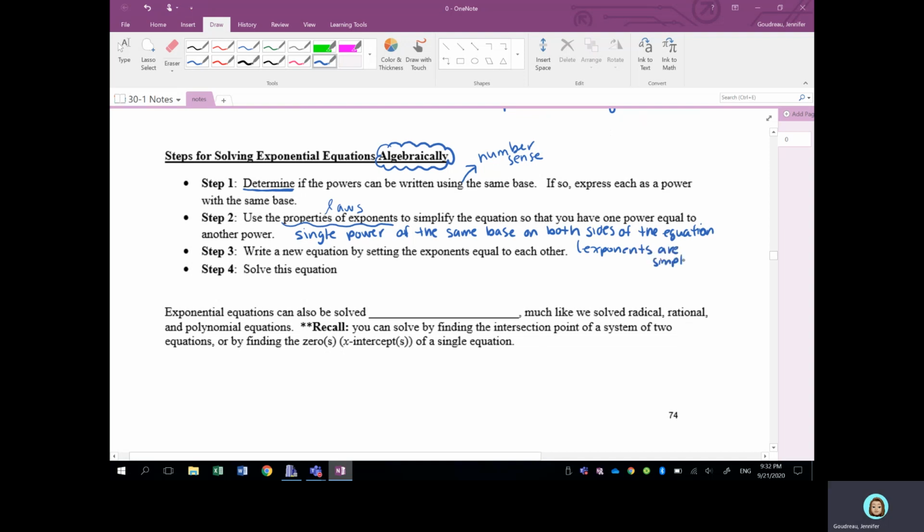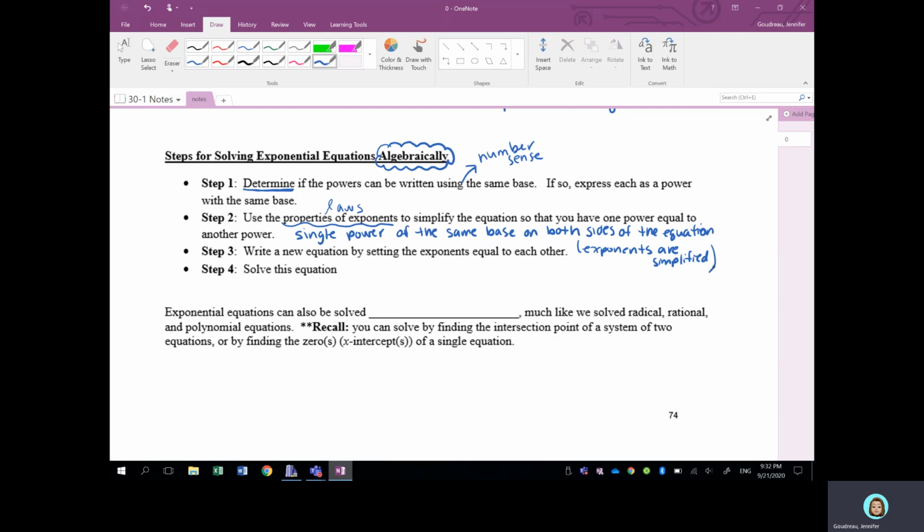In order to obtain a single power of the same base on both sides of the equation with simplified exponents, we are going to have to use our exponent laws. Again, we are not going to review them here, but I will alert you to them as we use them.